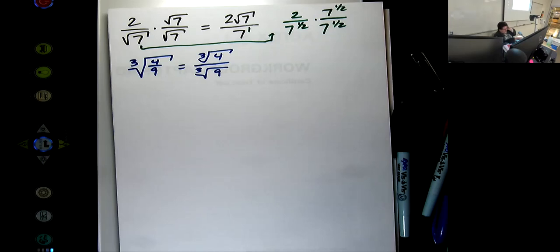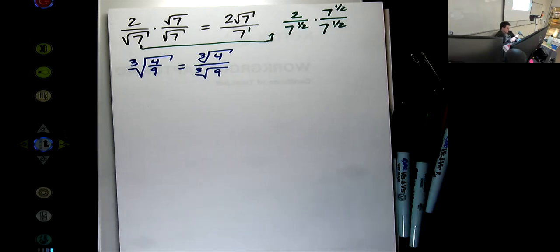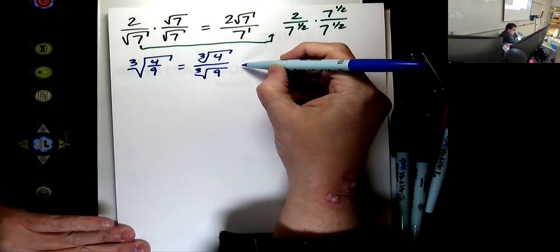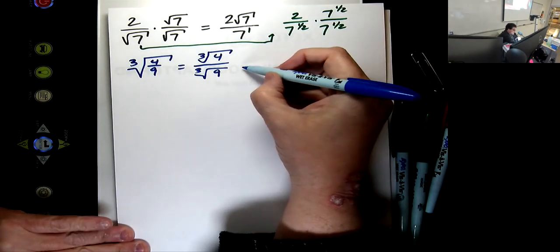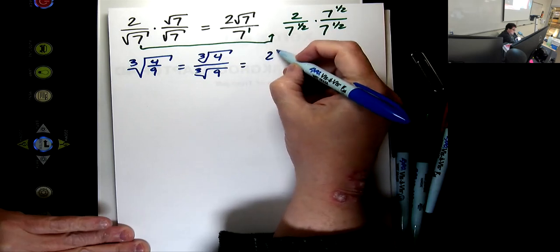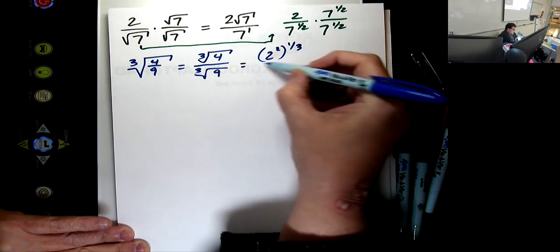Something similar is going to happen here. First off, if we can factor those things, we want to factor them, and maybe write them as exponents. So the 4 is 2 squared, and that's to the 1/3 power.